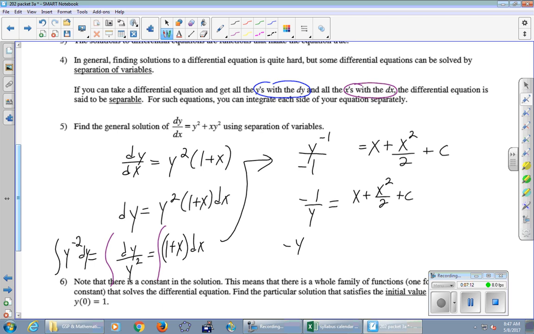So it becomes negative y equals 1 over all of this. And then finally, just get that negative over to the other side. Negative 1 over.